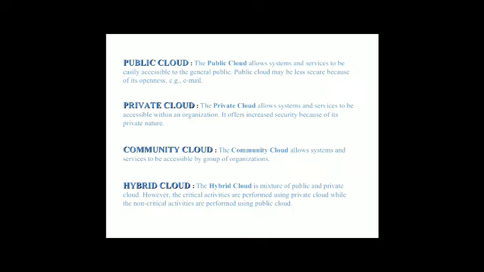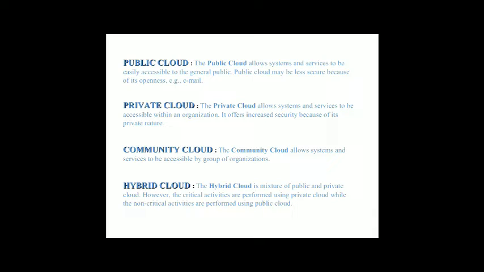The third type is the community cloud. The community cloud allows systems and services to be accessible by a group of organizations. Examples are Facebook, Twitter and LinkedIn. The hybrid cloud is a combination of public and private, a mixture of public and private cloud.